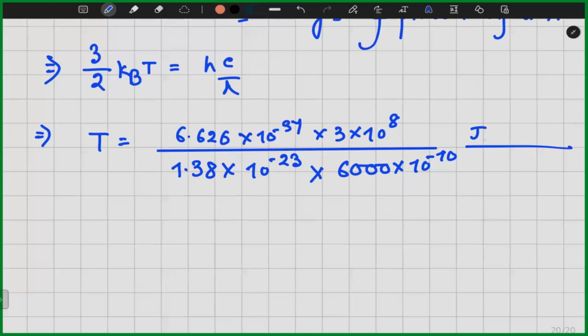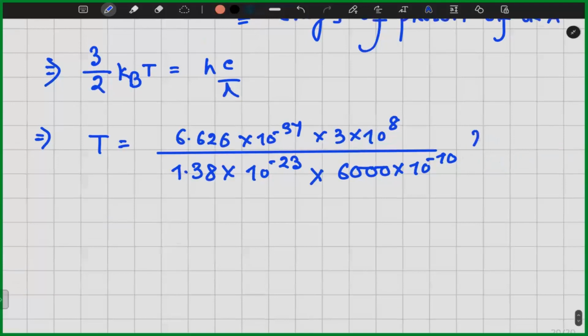Here it is kB. What is the unit of kB? For kB, the unit is joule per Kelvin. So the unit of Kelvin is appearing, which is the unit of temperature.